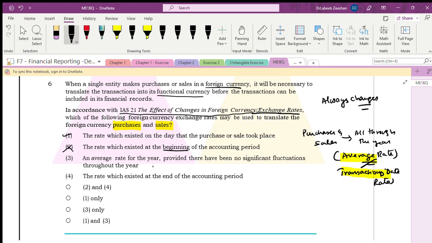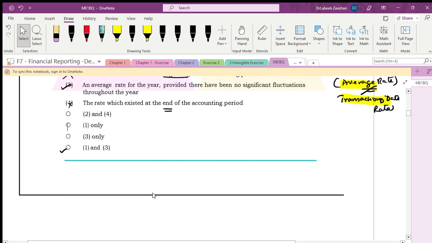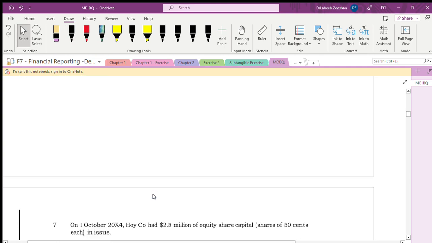The average rate can be used provided there have been no significant fluctuations during the year. We should not take the beginning rate or the ending rate. We have to take the rate as on the date of transaction, or the rate on an average basis.